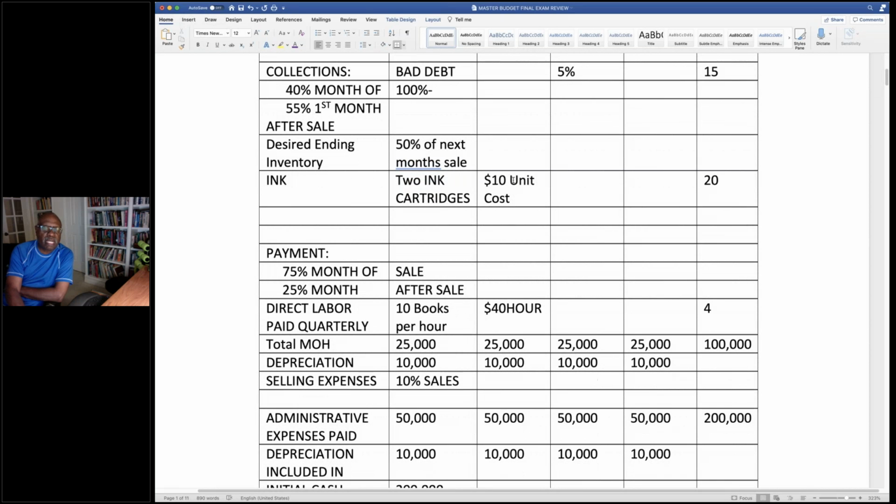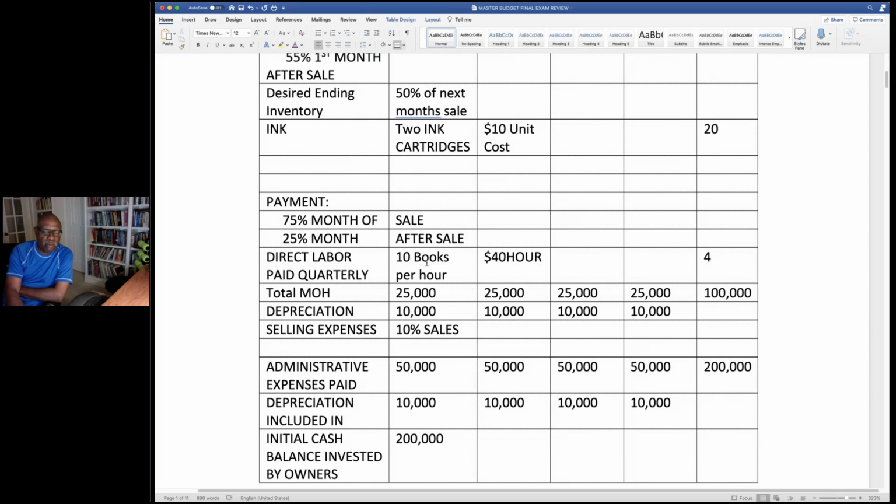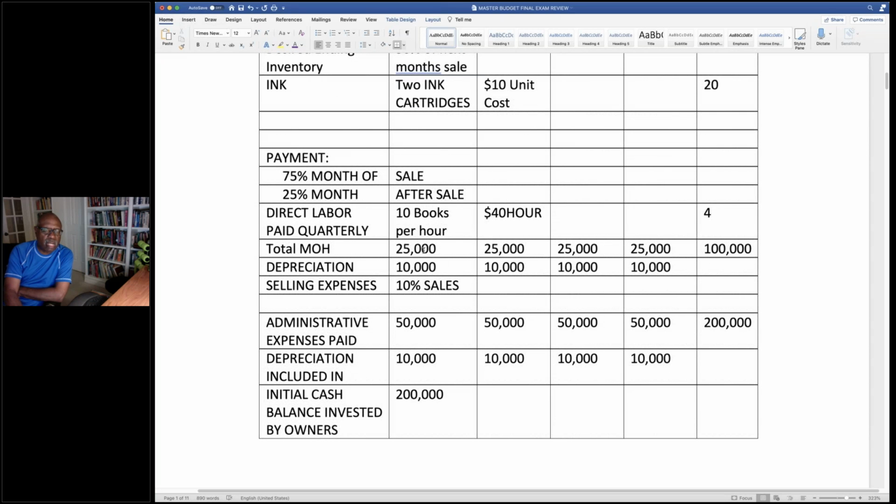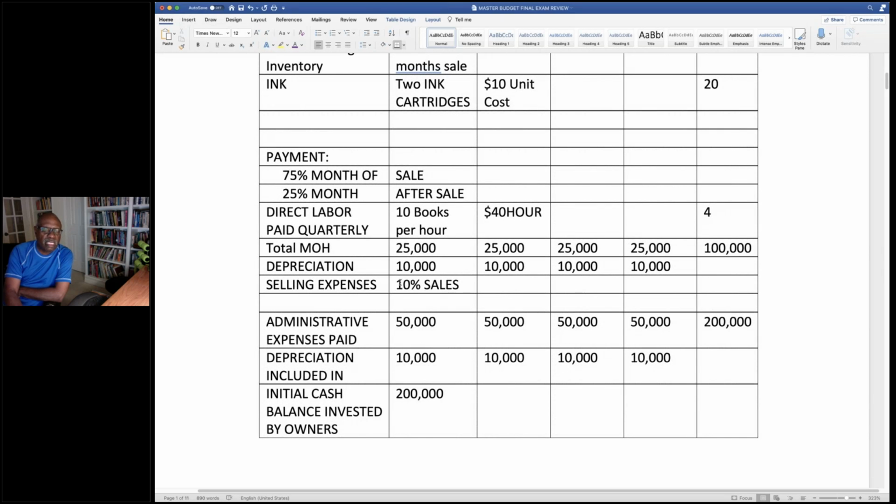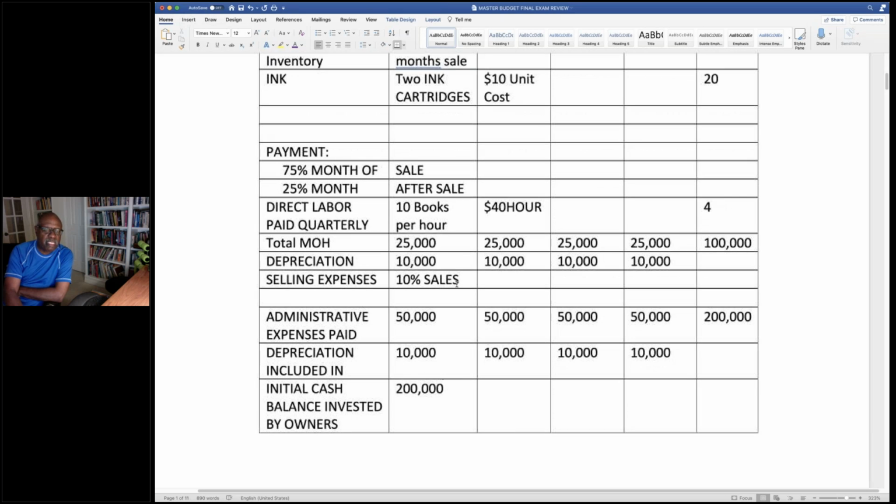Ink was 2 ink cartridges at 10, 20. We could make 10 books per hour. We were paying $40 an hour. So when it's 10 per hour, we're making more than one an hour, so we divide. So the unit cost is 4. And notice that the overhead numbers and the administrative expense numbers are given, you just lift them in. Selling expenses, 10% of sales.